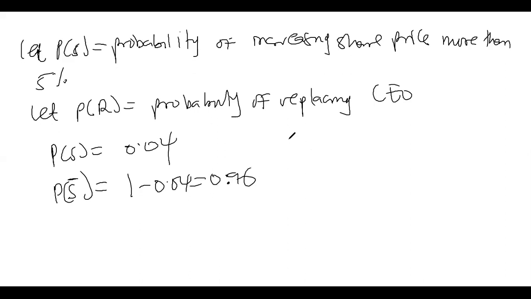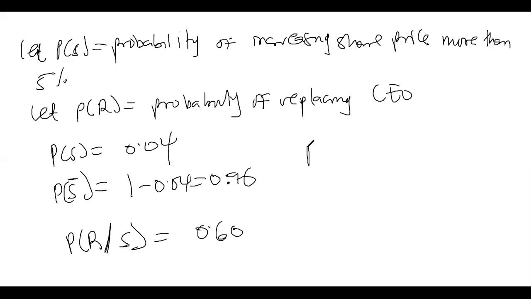Then the question says that 60% of the companies that have increased their share price replace the CEOs. So the probability of replacing CEO based on the fact that you increased your share price is 0.60. Then 35% of the firms that have not increased their share price replace their CEO.